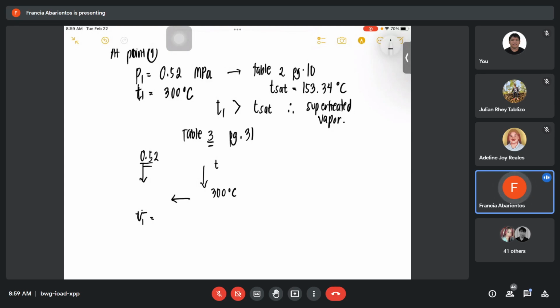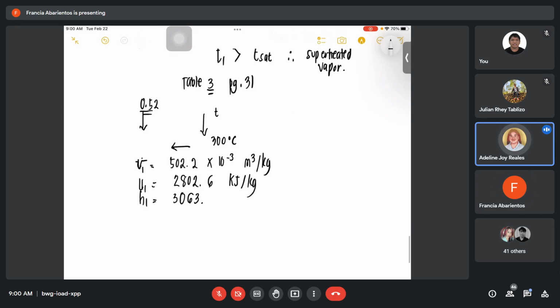Ano yung specific volume at point 1? So, 502.2. The U1 or the internal energy at point 1. We have also 2802.6. And the enthalpy at point 1. Tama ba klase, ma'am? 363. Ayan. 0.3 kilojoule per kilogram.